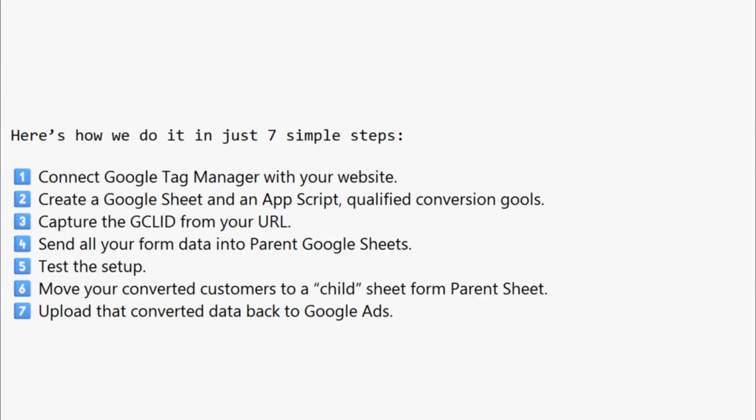Then we test whether our setup is right or wrong. Then step 6, move your converted customers from the parent sheet to a child sheet. Then step 7, finally upload that converted data back to Google Ads. Boom, you will now be tracking real sales instead of just leads.